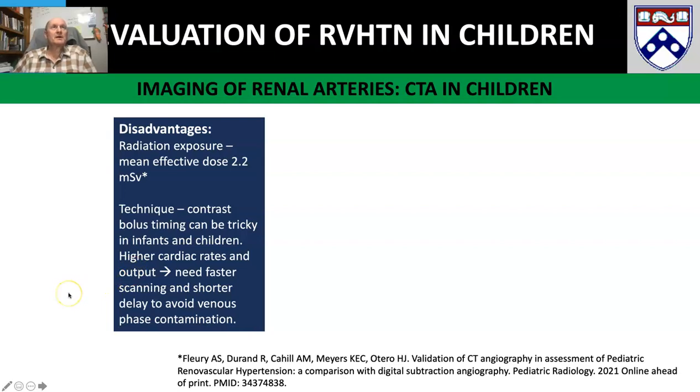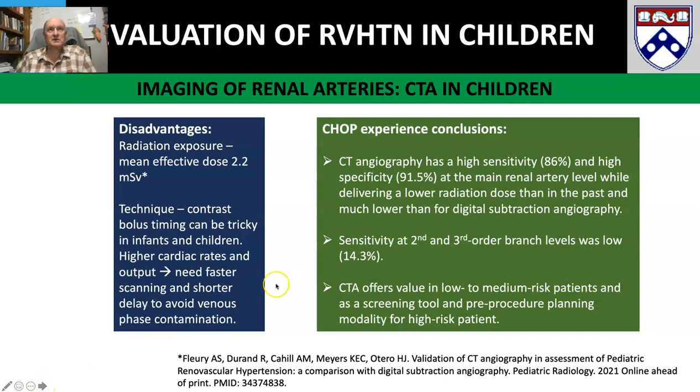So what about imaging of renal arteries? Well, we like CTA. We have a low radiation dose technique, and you have to be careful how you actually time the CTA. But it has a pretty high sensitivity and specificity at the main renal artery, while we have managed to cut back on the amount of radiation.